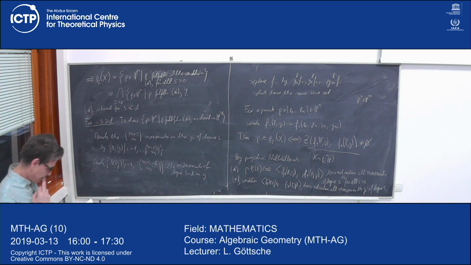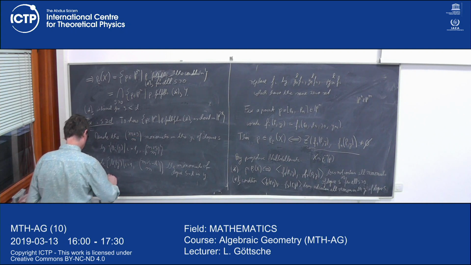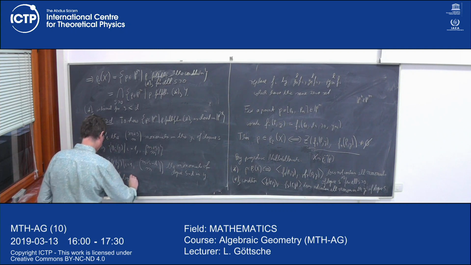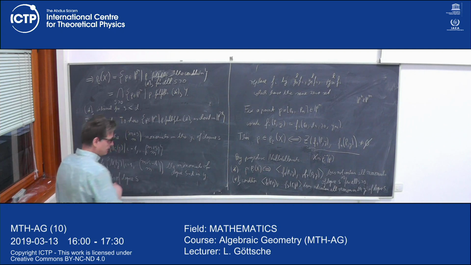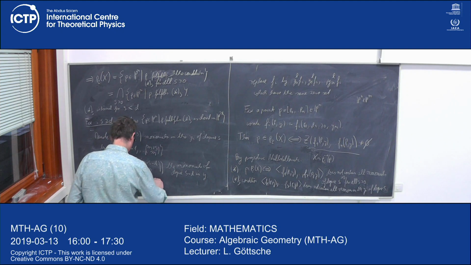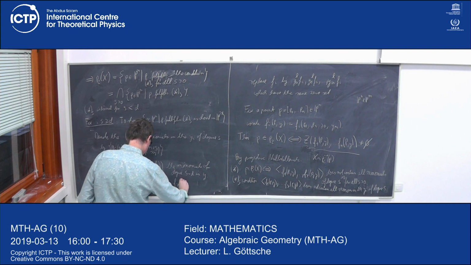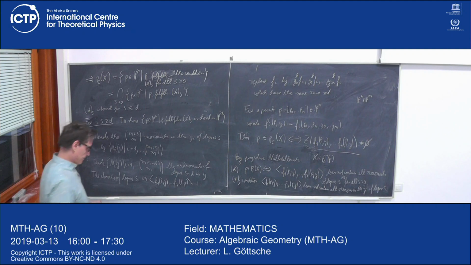Okay, and now I come to what I wanted to say. What are the elements of degree S in this ideal generated by the Fi of Py? Well, how do we get them?